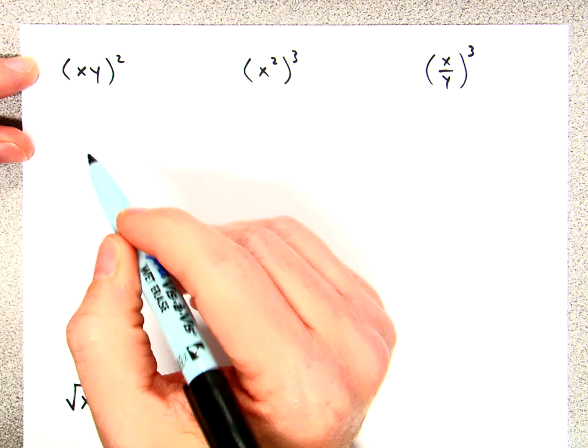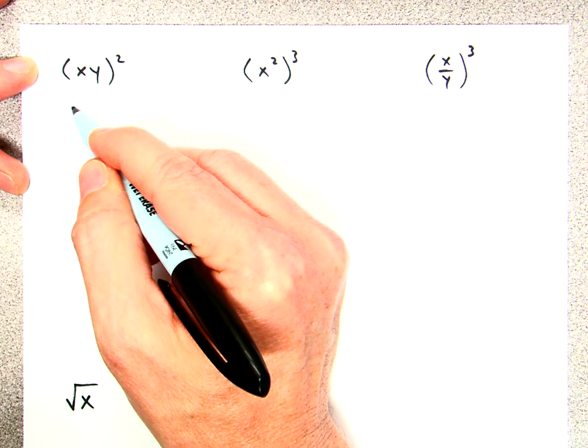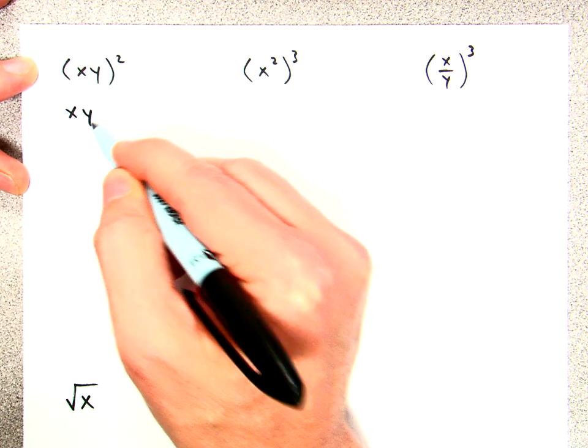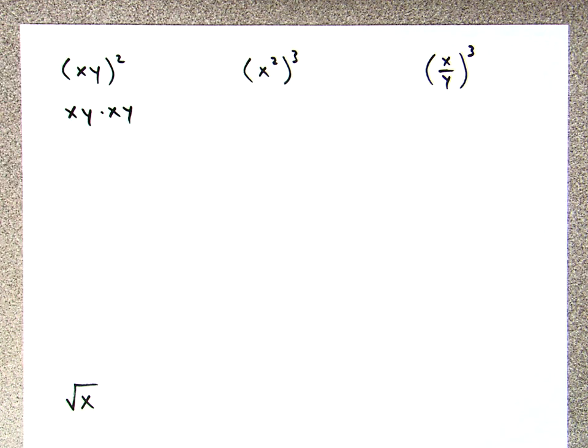So if I have two things being multiplied together and they're raised to an exponent, really all this means is I have that value multiplied by itself this exponent number of times.